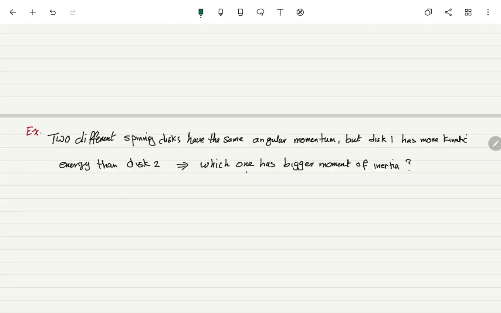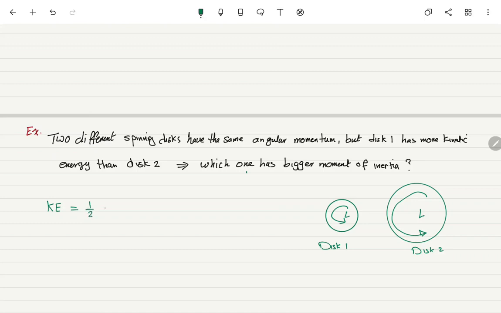Example: two different spinning disks have the same angular momentum, but disk 1 has more kinetic energy than disk 2. Which one has the bigger moment of inertia? Now here's the situation. This is disk 1 and this is disk 2. The rotational kinetic energy is defined as half I omega squared, or equal to L squared over 2I, where we used L equals I omega.